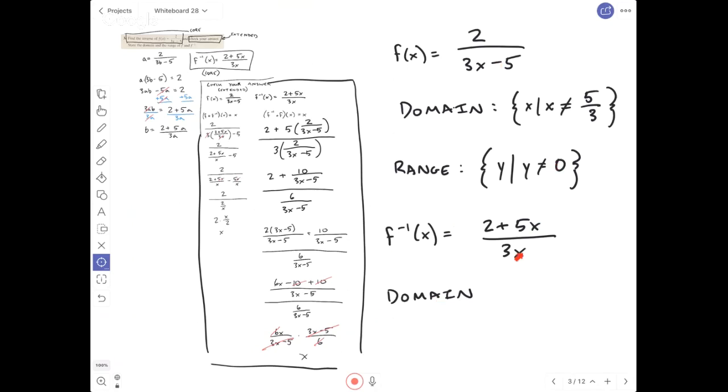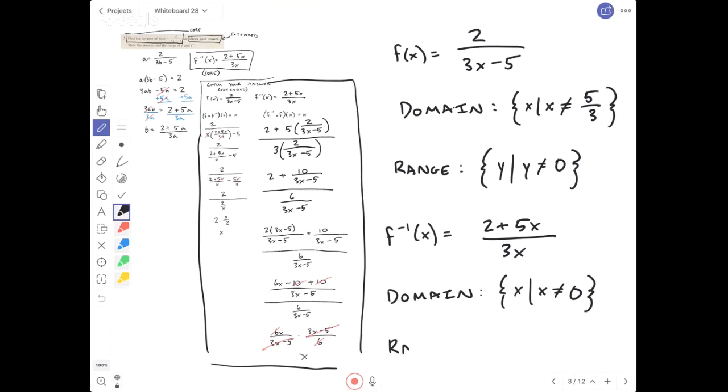Is it true that this function has a restricted domain so that x does not equal 0? Yes. If I made x 0 here, then 3 times 0 would be 0. I would have division by 0. That's not allowed. So looks like I got the range correct up there. And here it's x such that x does not equal 0.